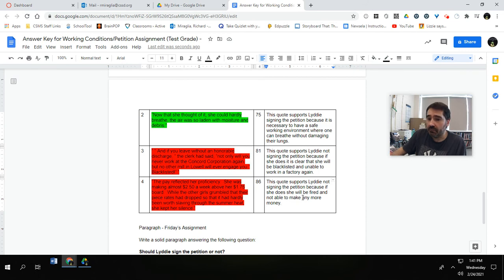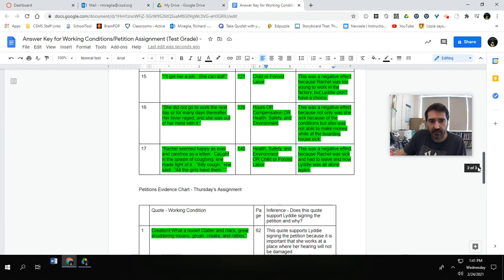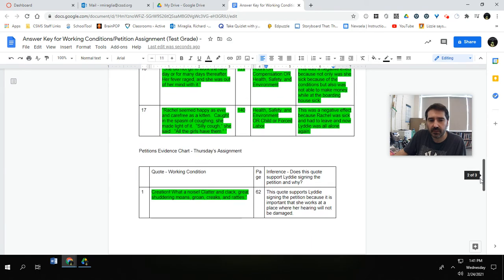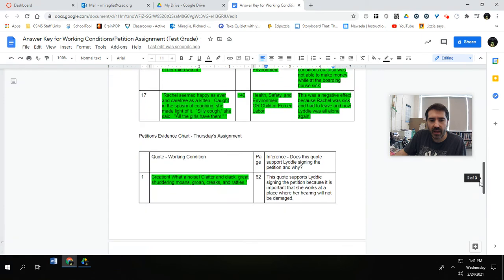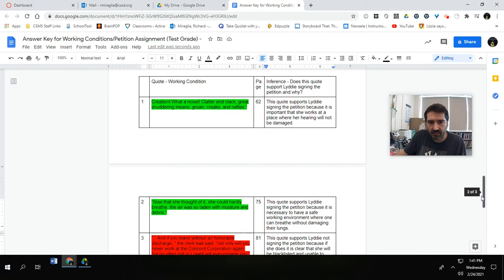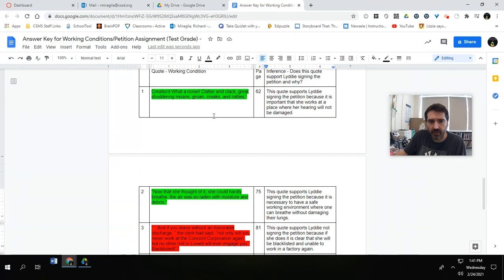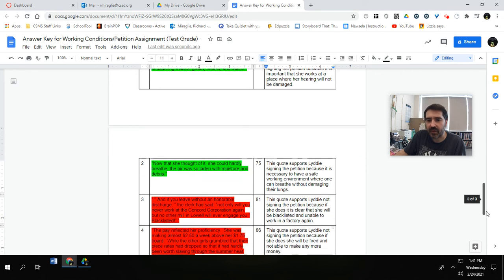Okay, so end of the day Thursday, I have my first chart completed. I have my second chart completed with quotes and inferences related to her signing or not signing the petition.